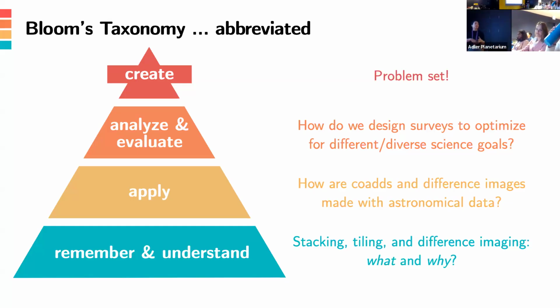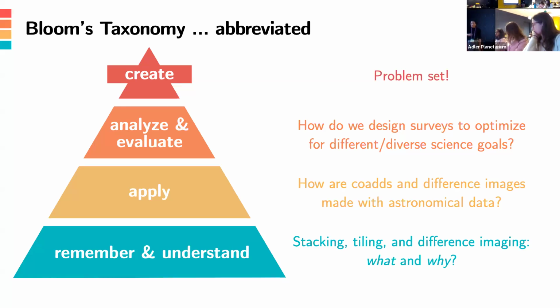So especially as we go into this LSST era, there's very large collaborations with a very large array of science goals, and not everybody can do the same science. Not everybody's science is optimized for any given strategy. And this does relate to how we think about doing coadds and difference imaging. And then finally, we'll go into the create step with the problem set.